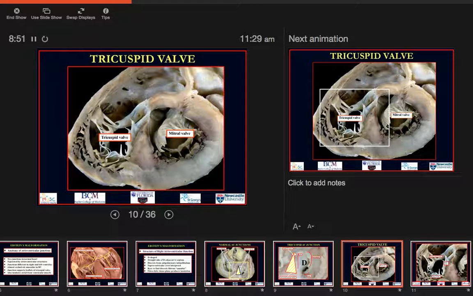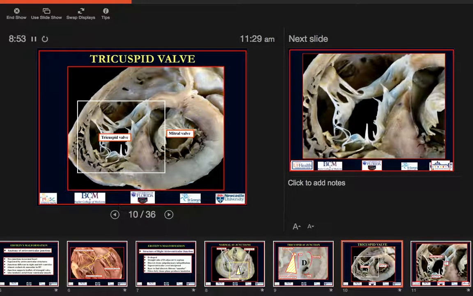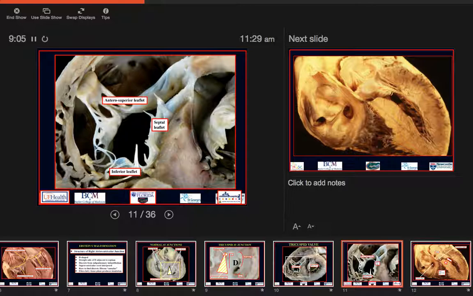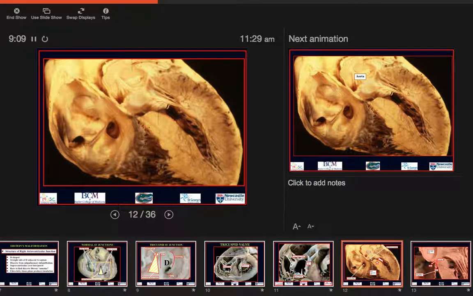And we can emphasize that again if we look at a short axis section. Blow up the right AV junction, and in the normal heart, we see an extensive anterosuperior leaflet, the septal leaflet with tendinous cords attaching it to the septum, and the inferior leaflet. So what we are concerned about is the inlet of the right ventricle.